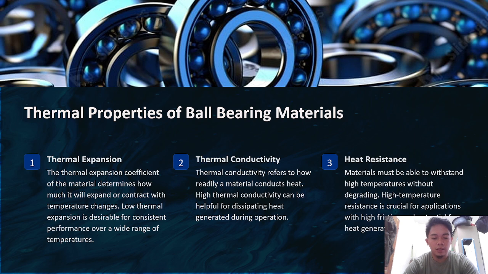Ang mataas na paglaban sa init ay mahalaga para sa mga aplikasyon na may mataas na alitan at potensyal para sa pagbuo ng init. Kung ang material ay hindi kayang tumagal sa mataas na temperatura, maaari itong humantong sa pagkasira ng bearing, pagbagsak ng pagganap ng makina.